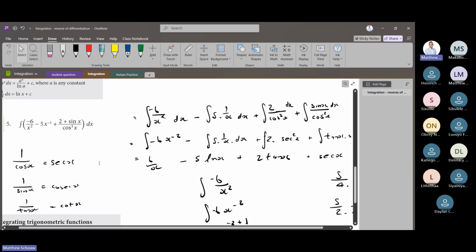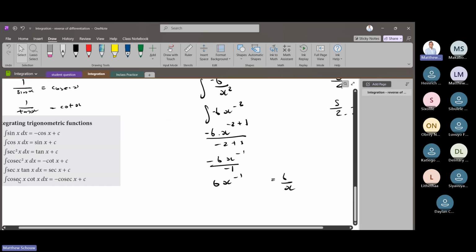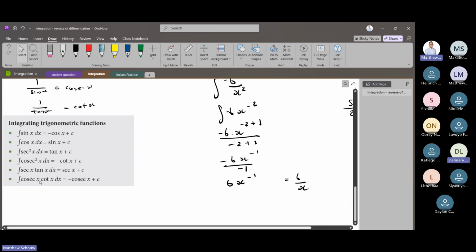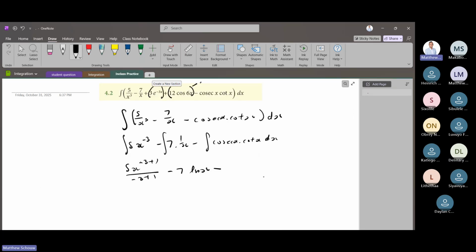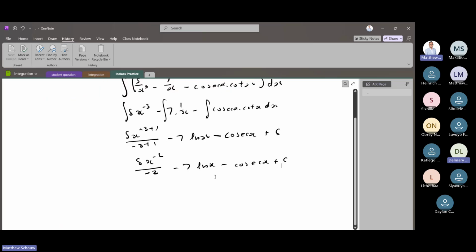Let's quickly look here. You notice that the integral of cosec x cot x will be minus cosec x. So it's minus cosec x plus c. So this would end up with 5x to the power negative 2 divided by negative 2, minus 7 ln x minus cosec x. If you got these, well done. That's good enough. But you could go further. Yes, sir, there's a minus in front of that minus cosec.